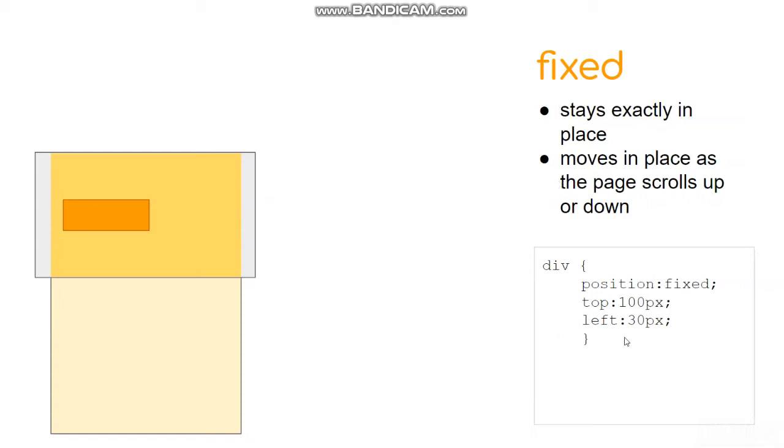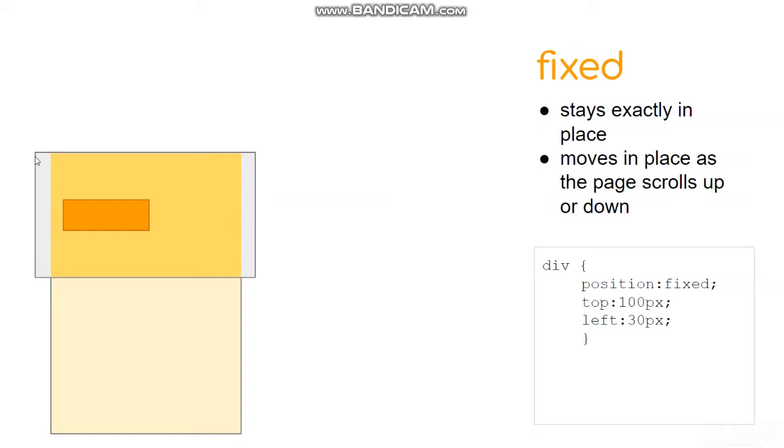Okay, so this is the way we're going to denote it. We write it position fixed, and you have to tell it where it's going to be fixed. Top 100 and left 30. Now, when we are using the fixed position, it's always going to get the value starting from the upper left of your browser. Okay, if this is the window of your browser, it's always going to get it from here.